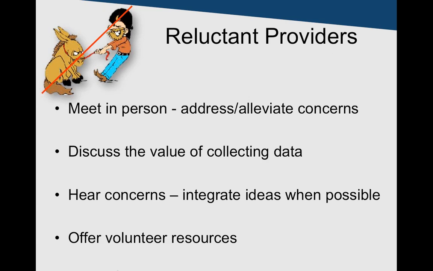Ask them about their concerns about participation and really listen to them, and try to figure out if you can alleviate those concerns by integrating some interventions into place to address those concerns. If you're unable to make changes to a specific count process or procedure, explain why you can't do it.